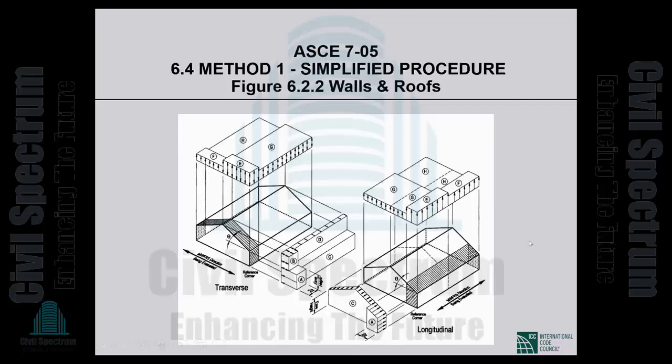Okay, so this is what it looks like. The roof of the building, or the horizontal projection of the roof, is divided into areas E, F, G, H, and the wall and the vertical projection of the roof are divided into areas A, B, C, and D. This is for transverse direction of wind, this is for longitudinal direction of wind.